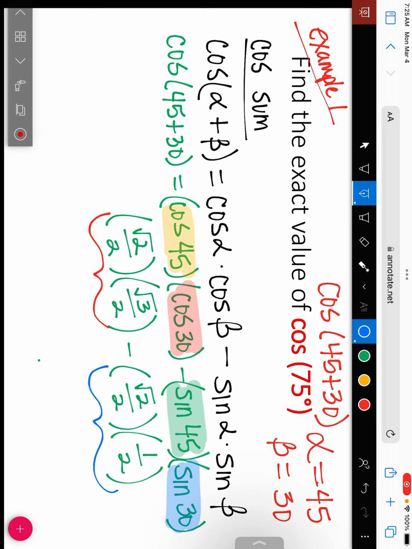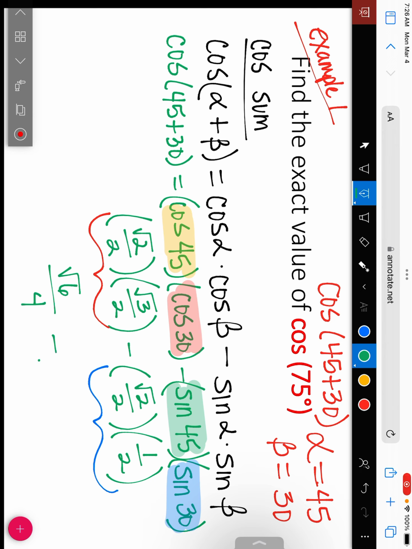What are the rules for multiplication? Straight across. And remember, you can multiply square roots even though they're different. You can't add root 2 plus root 3, but you can multiply root 2 times root 3. We just multiply what's underneath the square root. So 2 times 3 gives root 6, and 2 times 2 is 4.